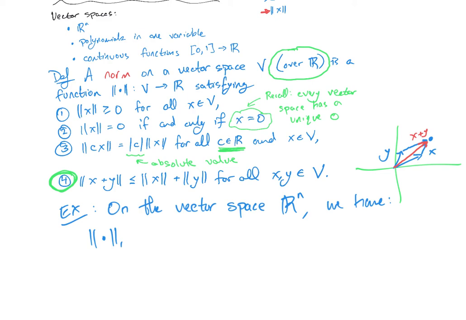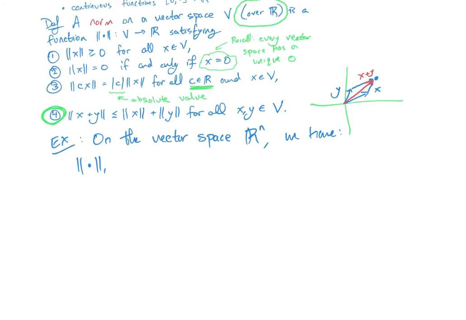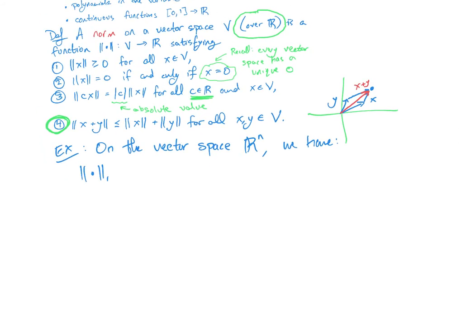Now we're going to define them as norms. So the one norm of the vector x, where x is a vector in Rn, is the sum of the absolute values.